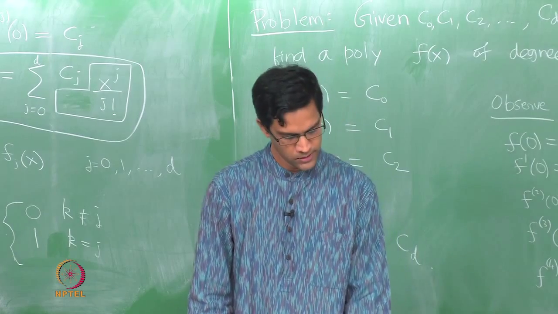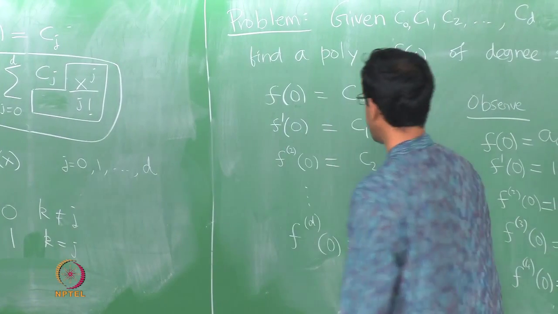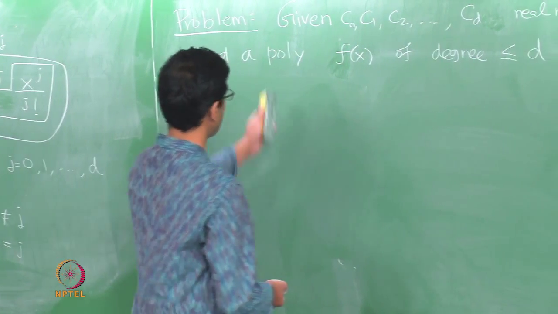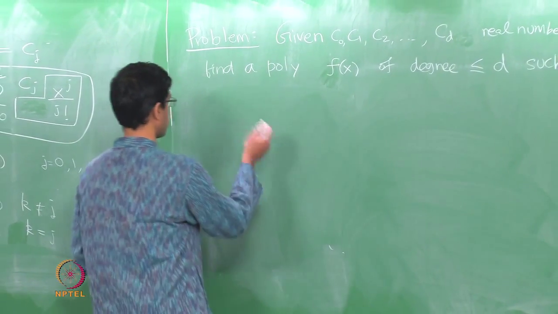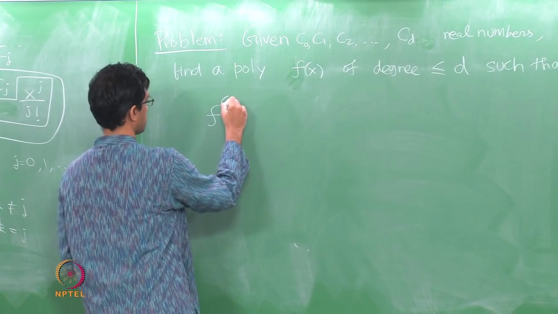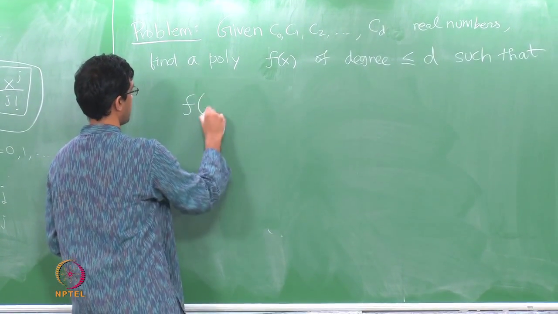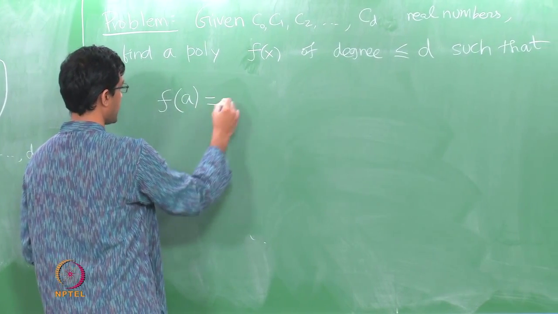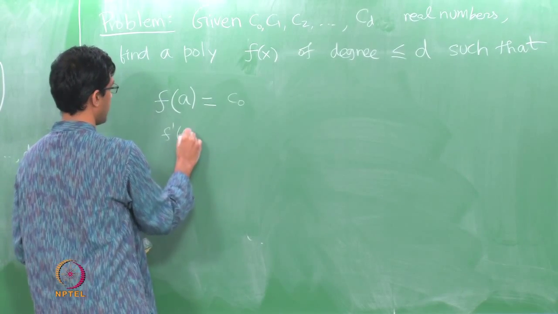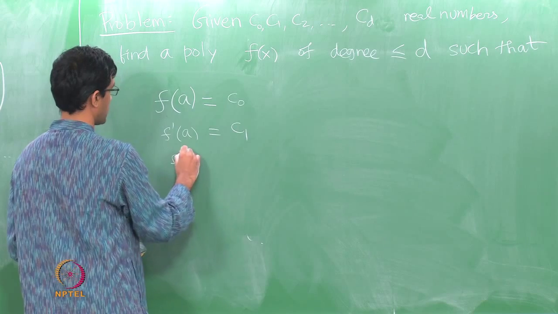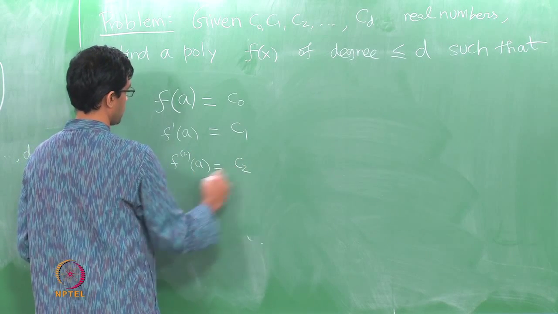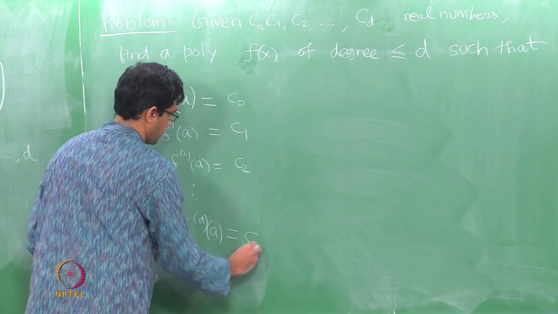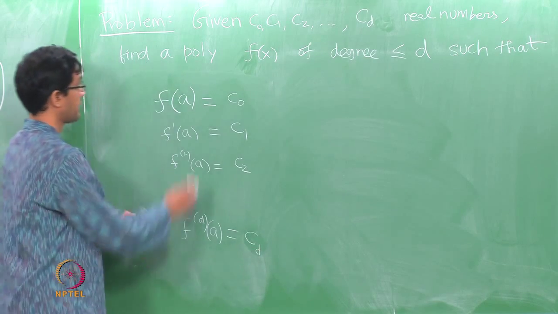There is just one slight variant of this that I want to mention. Here is a variation of this problem. Suppose you are given d real numbers, and you want to find a polynomial f of x of degree at most d with the following property: there is also a real number a which is given. The evaluation of f at a gives you c0, the first derivative at a gives you c1, the second derivative at a gives you c2, and so on till the dth derivative at a gives you the number cd, where a is some given real number.